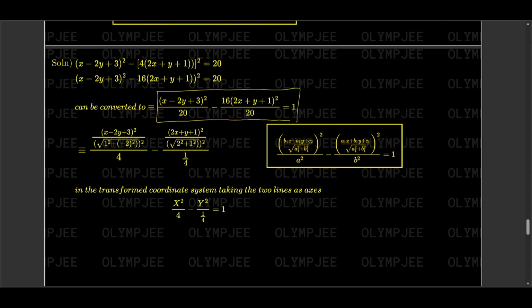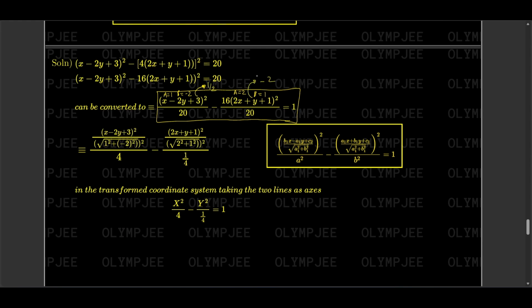Now we need to write this in this form, because you can see that if a was 1 here and b was -2, then a became 2 here and b became 1. So this is like perpendicular lines. This line is perpendicular to this line because the slopes have a product of -1. The slope here would be half, and the slope here would be -2.